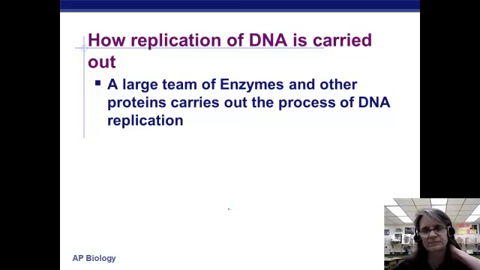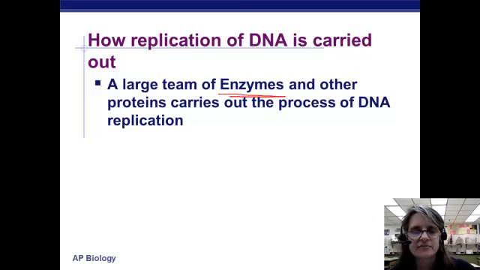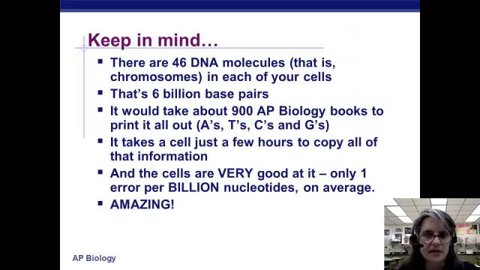Now, how this replication is actually carried out: there is a whole team of enzymes that catalyze the reactions necessary to allow the DNA to copy itself. There are some things we should keep in mind.